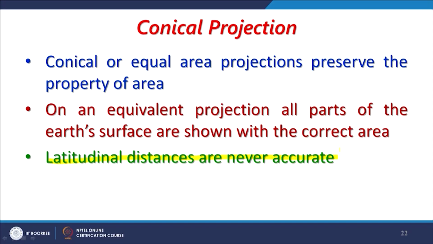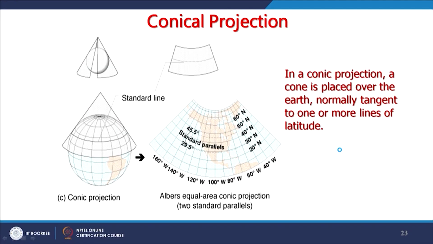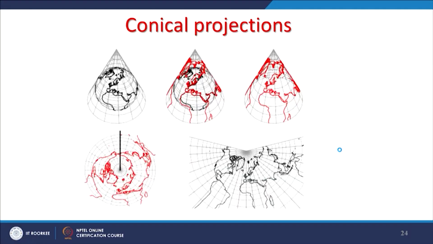So, again, if somebody would like to do measurements, each projection has its own advantages and disadvantages. That is why I have repeatedly said it is a trade-off from one transformation to another, but where you are located or which area you are working in is important. So, by that you can really control a lot of things.